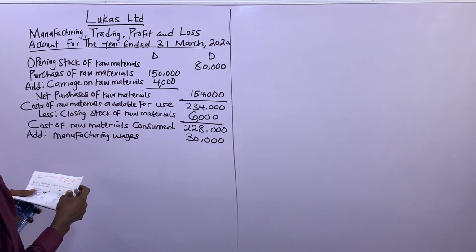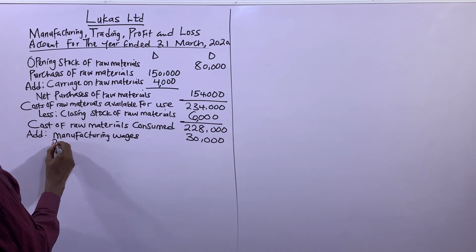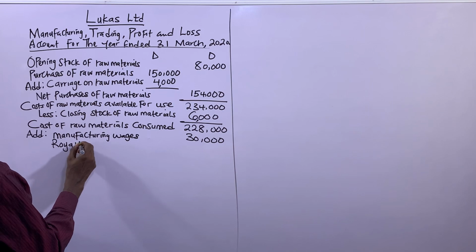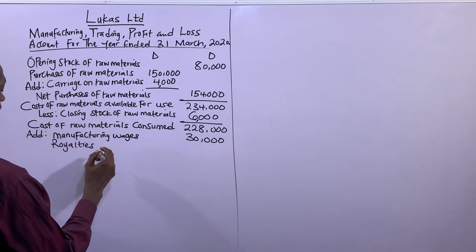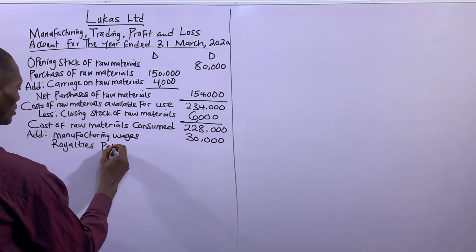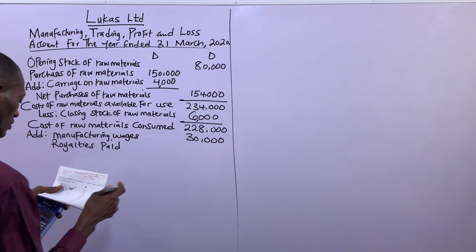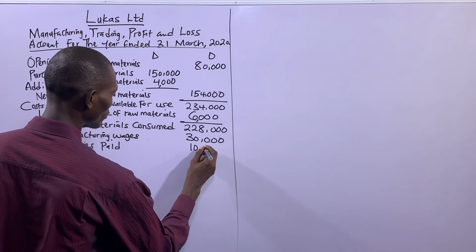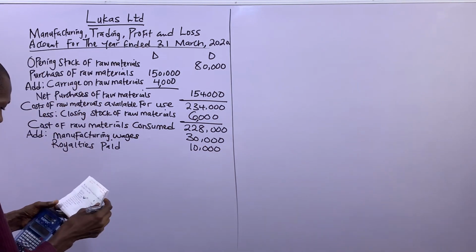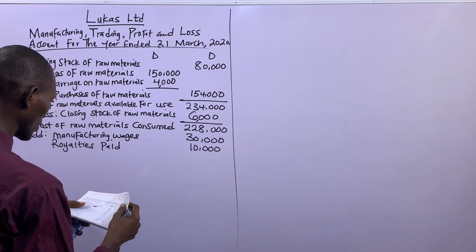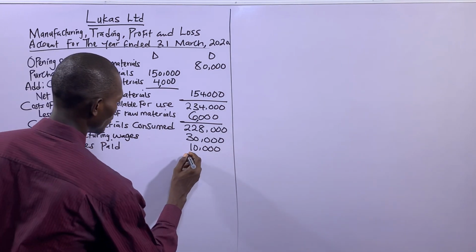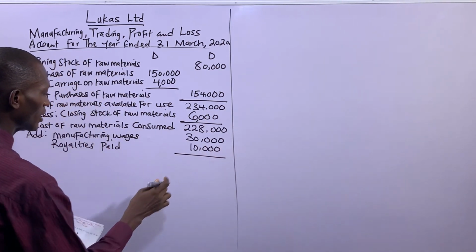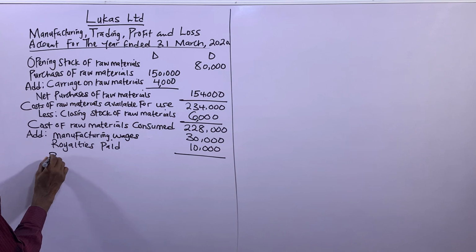Then we have royalties as well. Royalty is also a direct cost. So royalty paid is 10,000. There seem to be no other direct costs, so with all these together, we arrive at our prime cost.